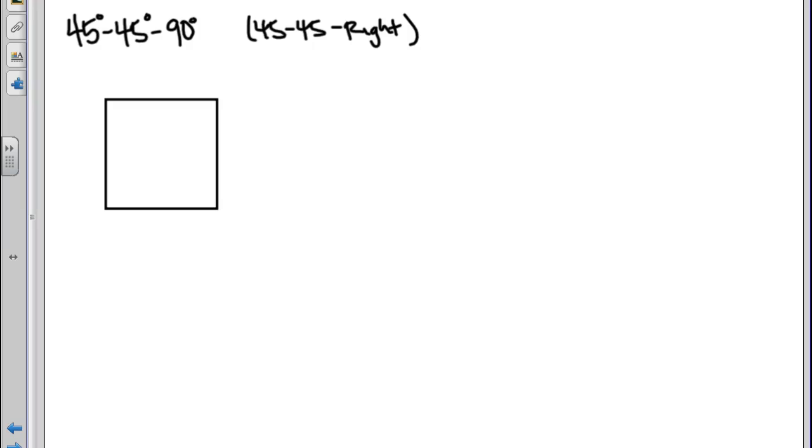All right, so would you agree that all of these angles on this square are 90 degrees? Hopefully you said yes. Let's say that the side length, we don't know, it's just x, but we also know that all sides are the same length. I'm going to draw a diagonal because I want a triangle.